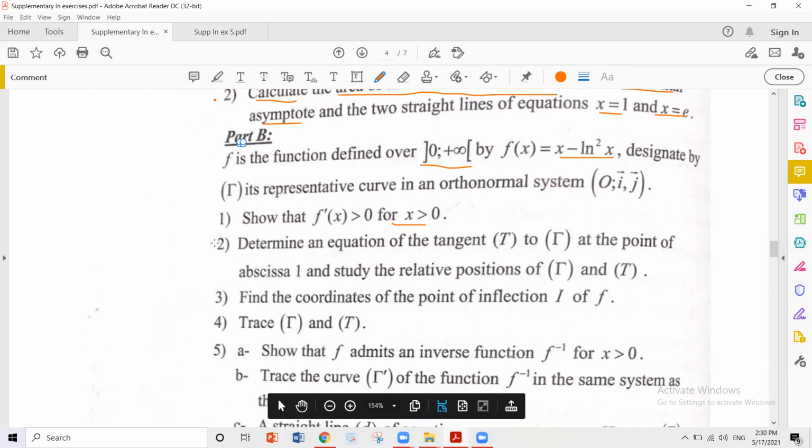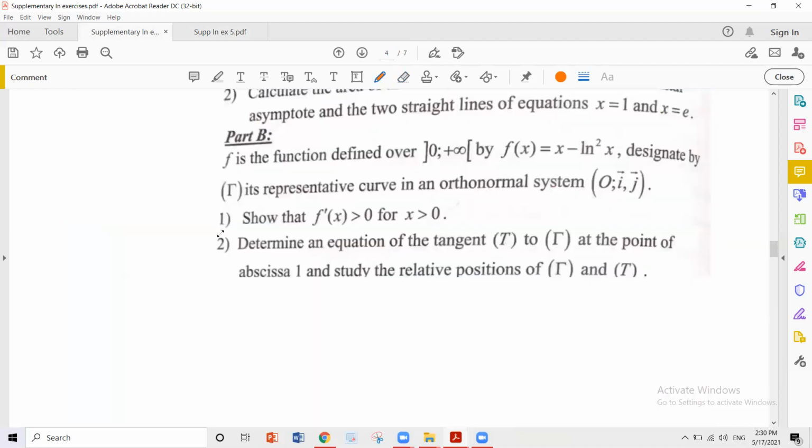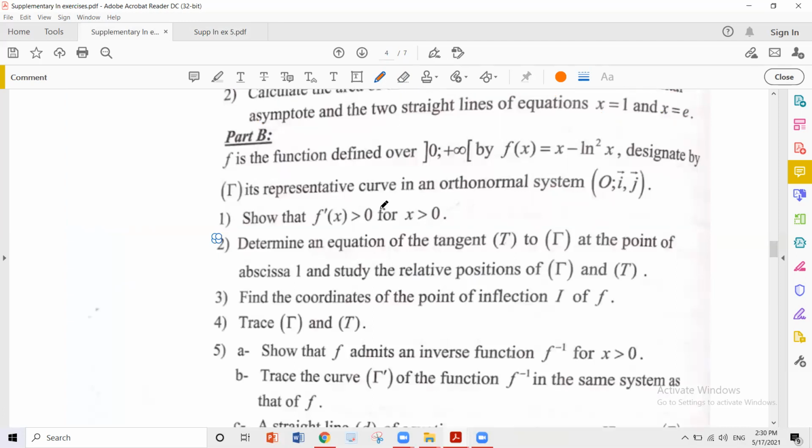Part 2: determine the equation of the tangent t to gamma at the point with abscissa 1, and study the relative positions of gamma and t.